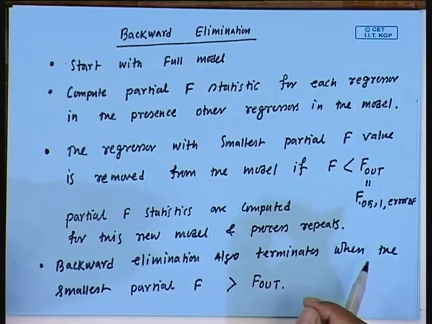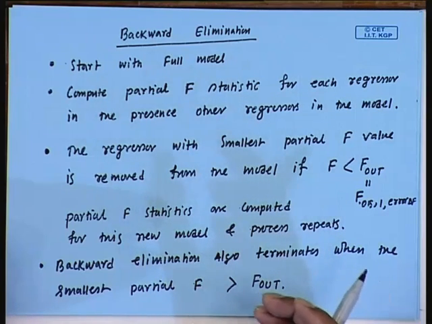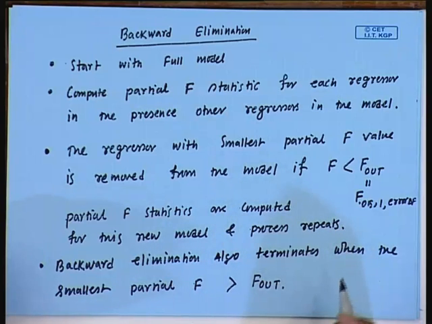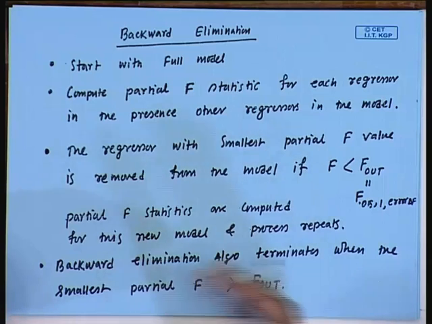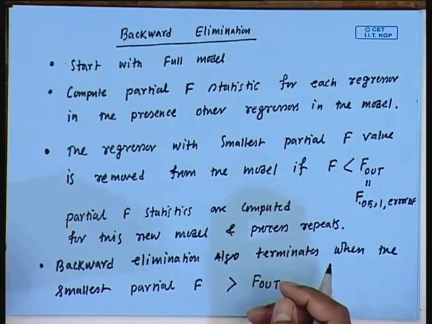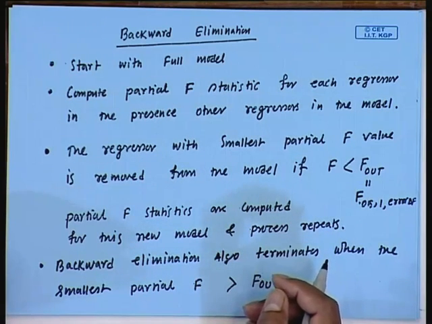regressor is less significant. So, next we look at the smallest partial f value, and if that partial f value is less than f out or less than the tabulated value, then of course we remove that regressor from the model, and again we repeat the same process until there is a stage where the smallest partial f statistic is greater than the f out.